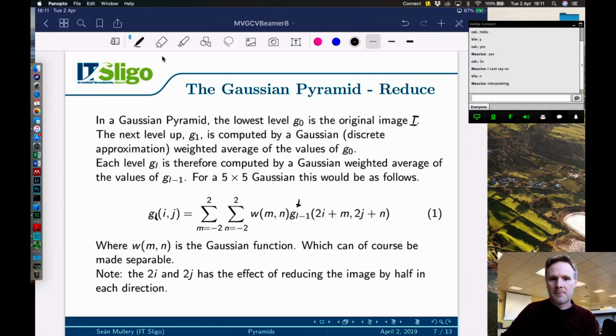So if we use something like a 5x5 Gaussian, this would be as follows, where you go from -2 to +2, including 0 in between. You go in both directions, and that's our weighting function there, our Gaussian. And what we do is we use the previous layer in order to calculate the current layer. And we have a 2 in here in each case.